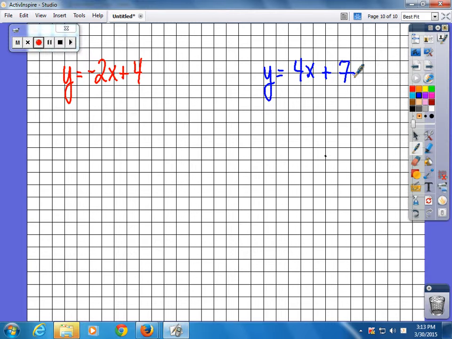All right, so the first thing we do is draw our handy dandy grid.